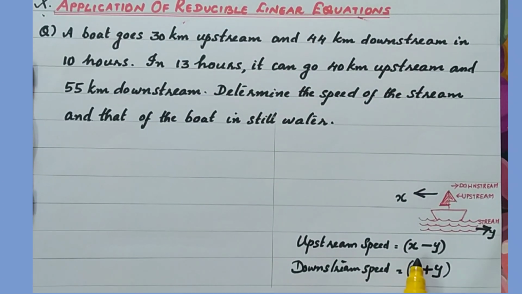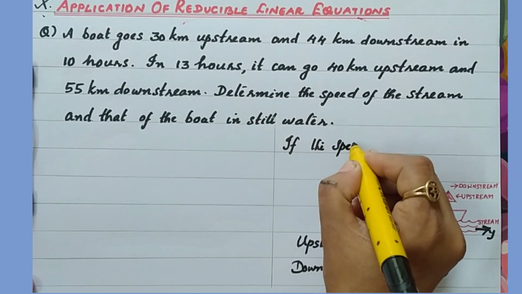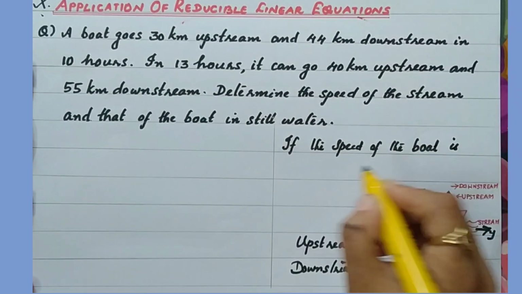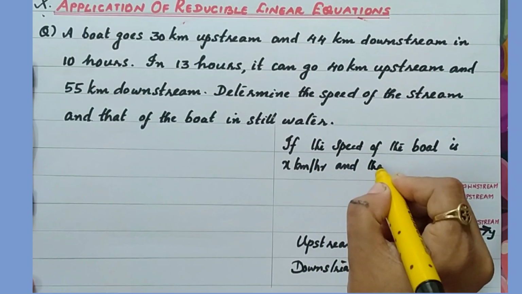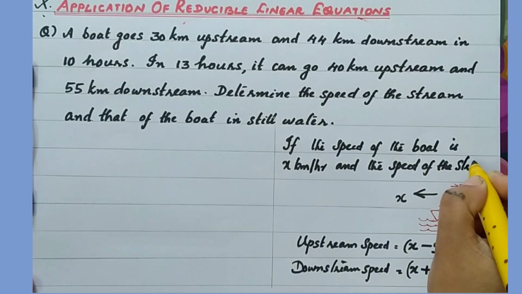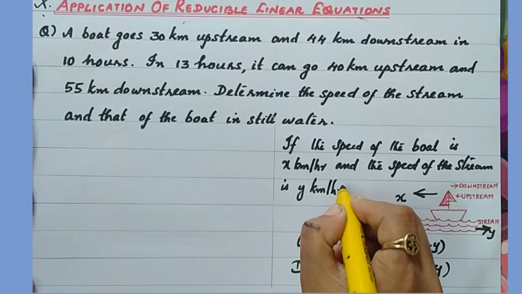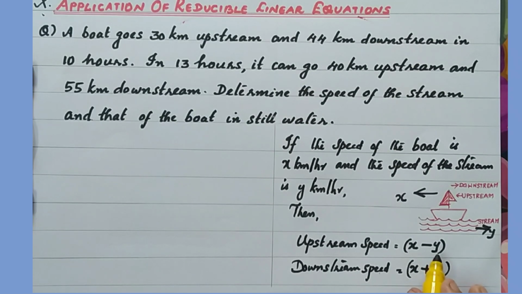If x is the speed of the boat and y is the speed of the stream, at first we need to write this. If the speed of the boat is x km per hour and the speed of the stream is y km per hour, then upstream speed will be x minus y and downstream speed will be x plus y.